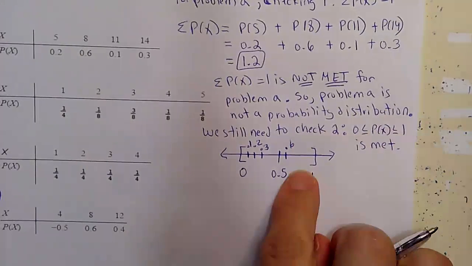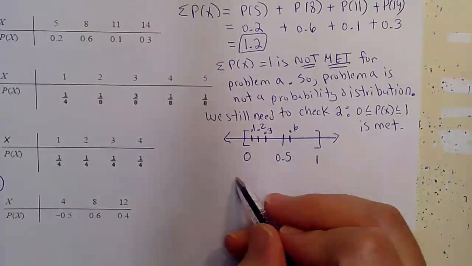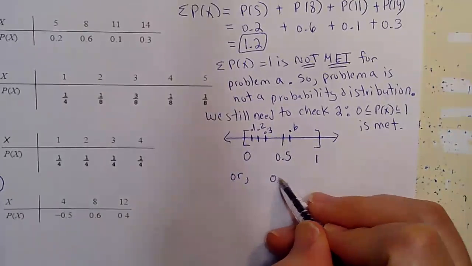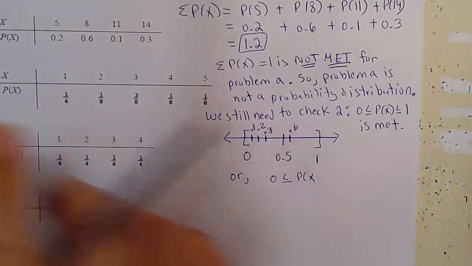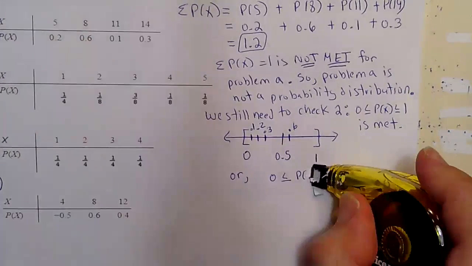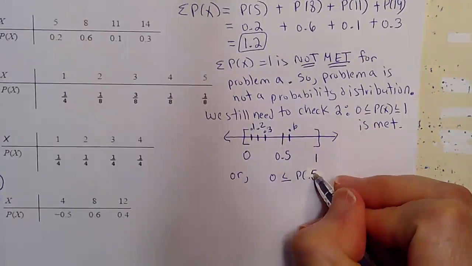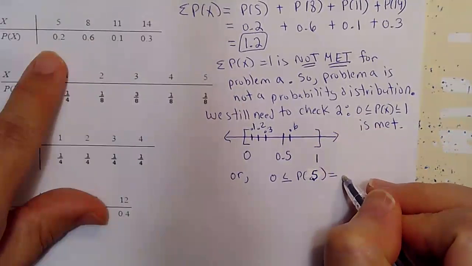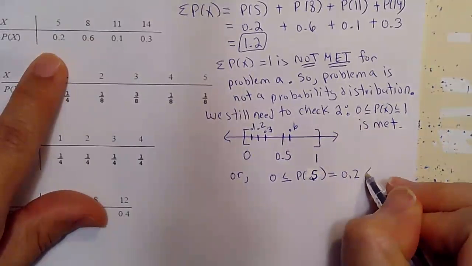Or what you could do is do each one separately like this: P of 5 equals 0.2, and that's between 0 and 1.